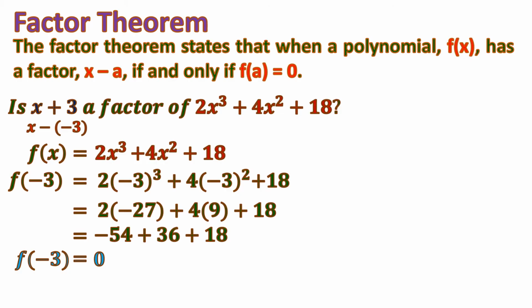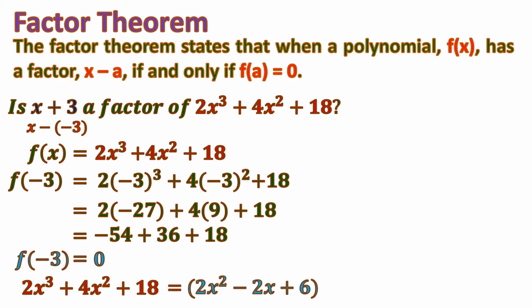So since it's 0, again according to the factor theorem, that means x plus 3 is a factor of 2x cubed plus 4x squared plus 18. That means x plus 3 can divide that polynomial without a remainder, or the remainder is 0. In fact, we can write this polynomial in this form: 2x squared minus 2x plus 6 times x plus 3.